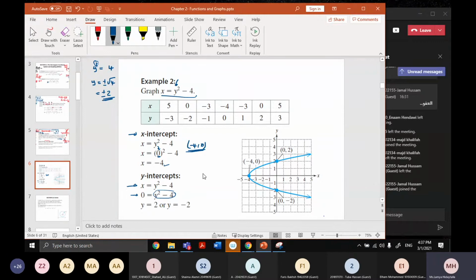Okay, so there are two values where your curve meets the y-axis. What are these points? We got the y value. What is the x value? The x value is 0. So the points are 0, 2 and 0, minus 2.